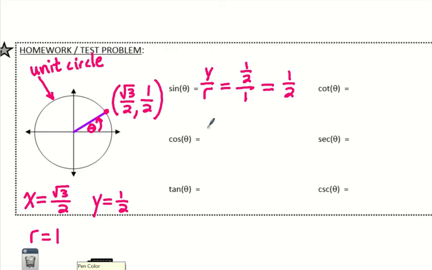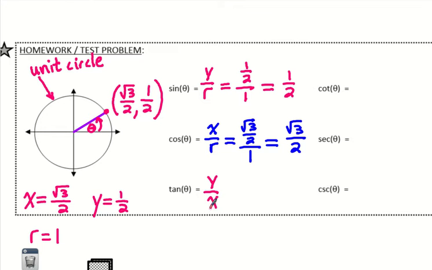The cosine of theta is defined as x over r. And what is our x coordinate? Root 3 over 2 divided by a radius of 1, which simplifies to just root 3 over 2. How about the tangent, which is y over x?